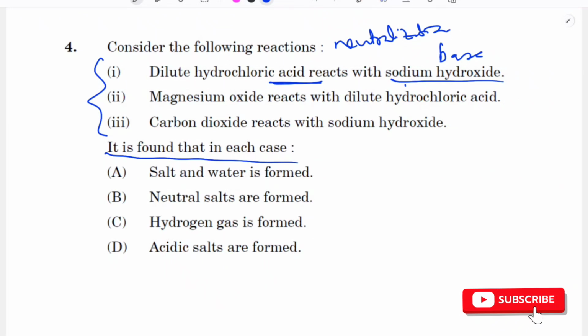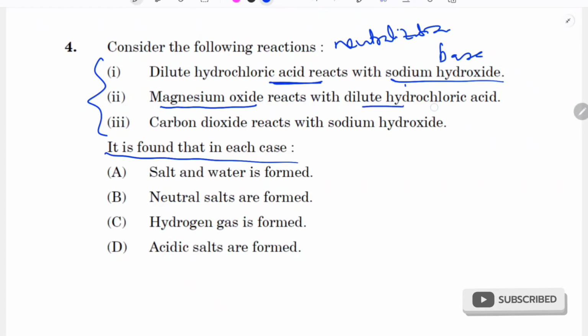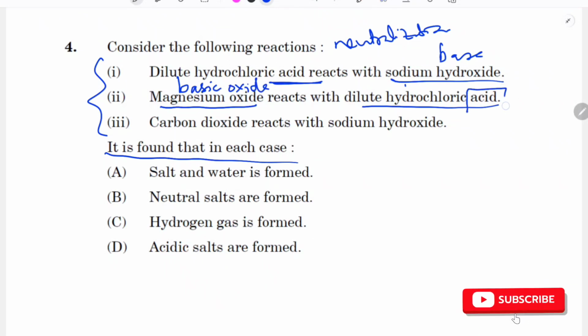Now in the second case, magnesium oxide reacts with dilute HCl. Magnesium oxide is basic oxide, and hydrochloric acid is acid. So here also we are having a case of acid and base.